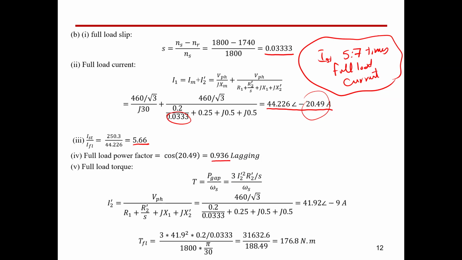So starting power factor, guys, is nothing but a transient period. However, the full load is the steady state period, which means the transient period can take like a few milliseconds. But the steady state period of the induction motor could be 24/7. The motor can work forever, for instance.